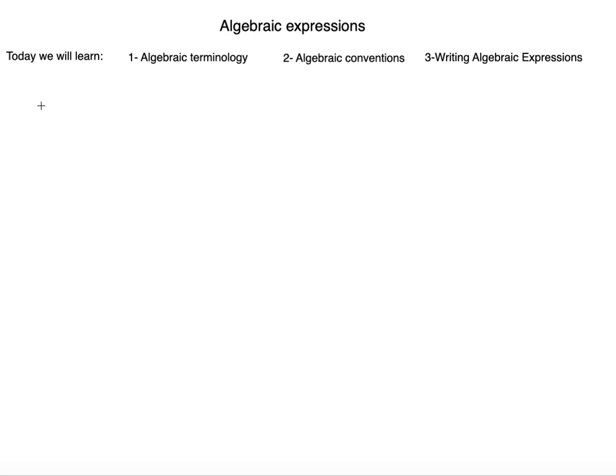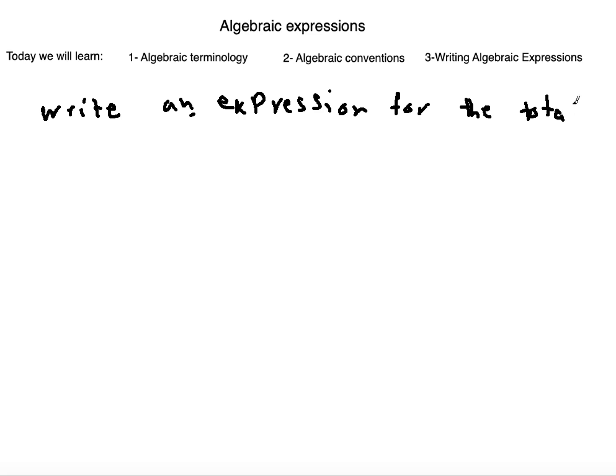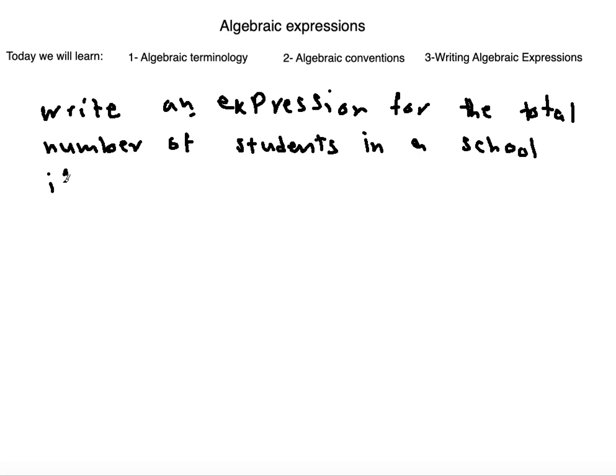For example, they tell you write an expression for the total number of students in a school if there are B boys and G girls.